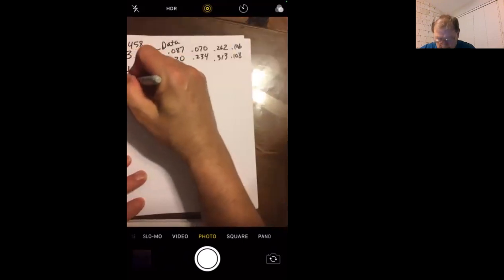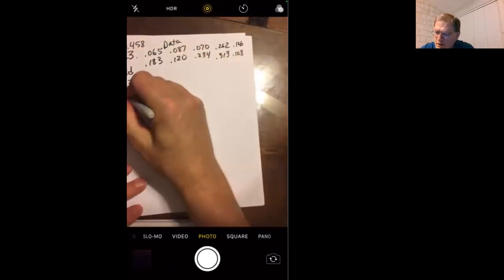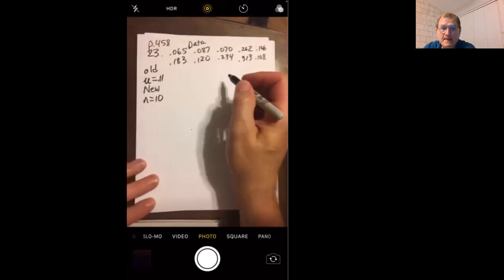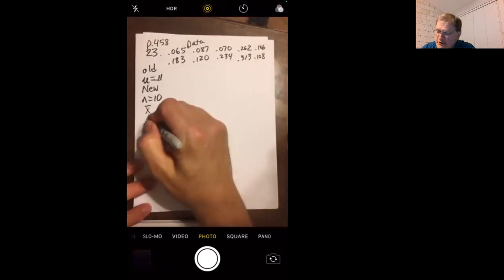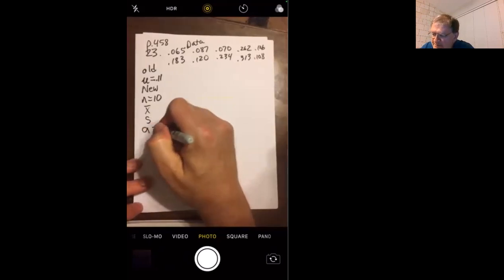This is the data. The old mean equals 0.11. The n is 10 because there's 2, 4, 6, 8, 10 numbers. All right, but I need the mean, I need the standard deviation, and they're telling me the alpha is 0.05.